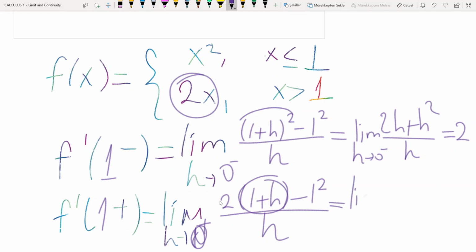And this is equal to the limit when h tends to 0 from the right of 1 plus 2h divided by h. When h tends to 0 from the right, you have infinity. Again, the function is not differentiable at the point 1.